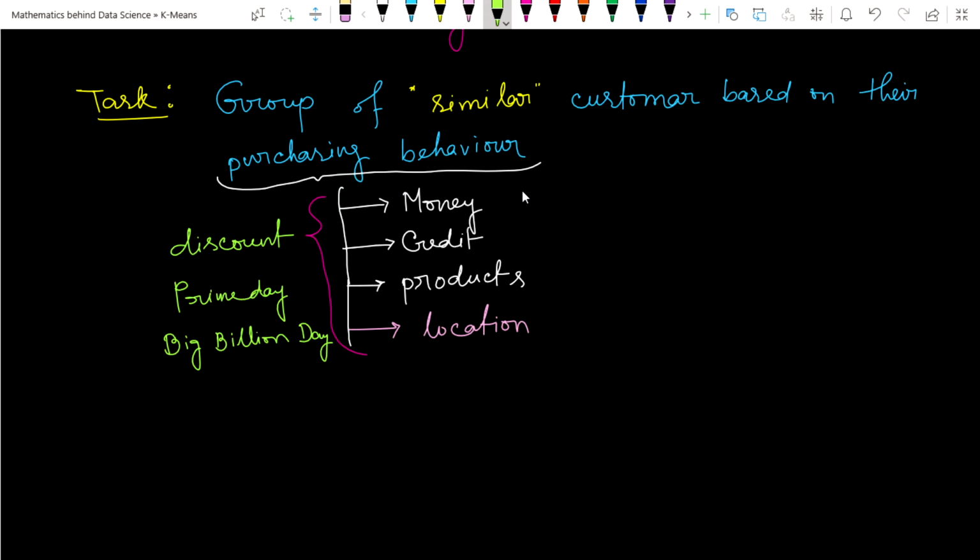So on the basis of this data, they will try to find a group of customers, and on the basis of that group, they will assign this kind of marketing technique and give offers. They are trying to find the niche customer according to their product. Suppose you mostly search for technological gadgets, they will understand that you love gadgets.